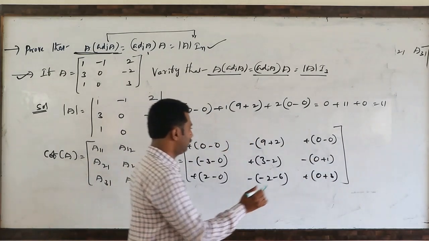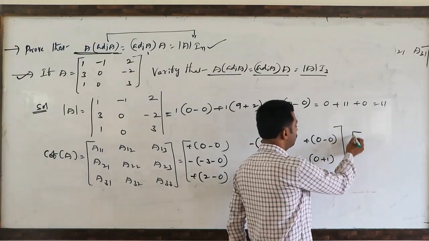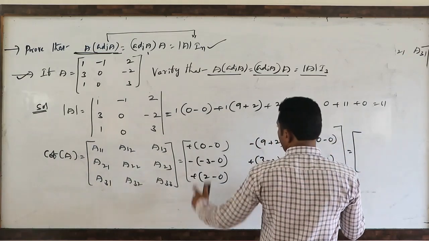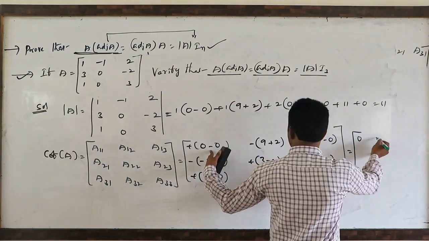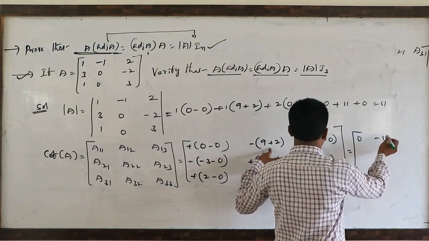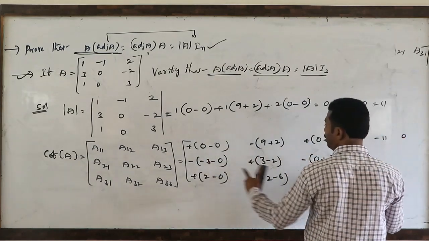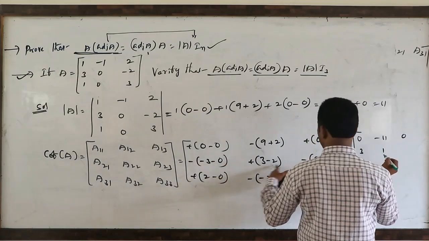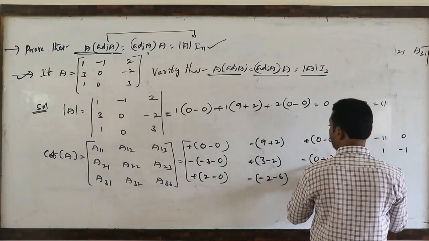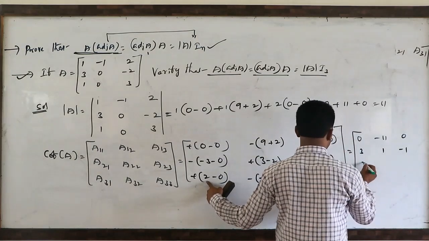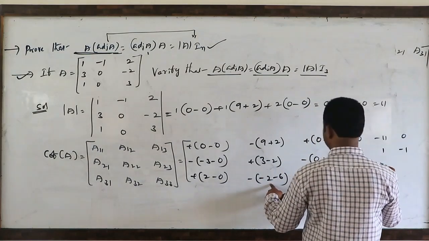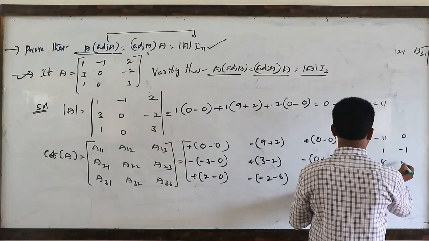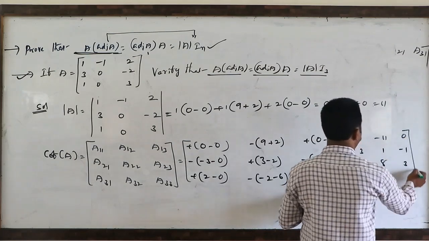So very clear. What is this matrix? This is 0, minus 11, this is 0. This is 3, this is 1. This is minus 1, this is 2. This is 8, this is plus 3.